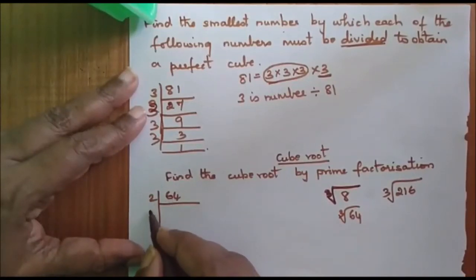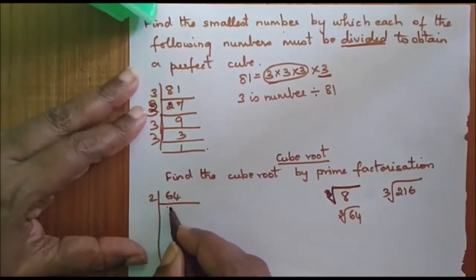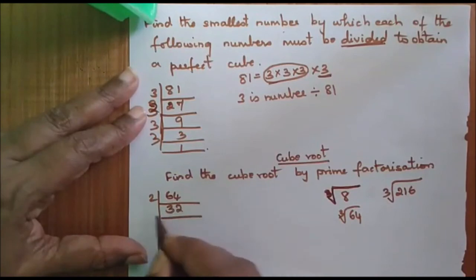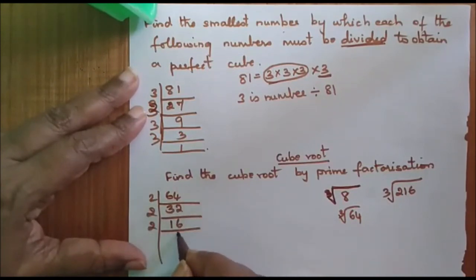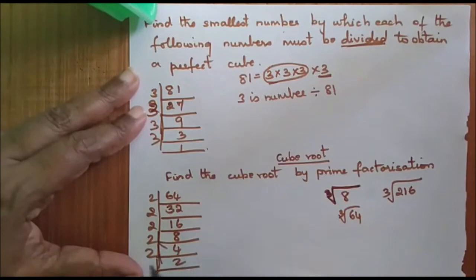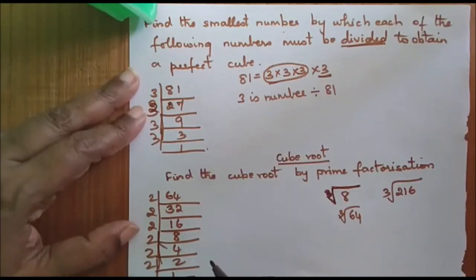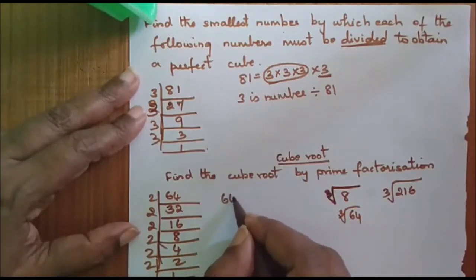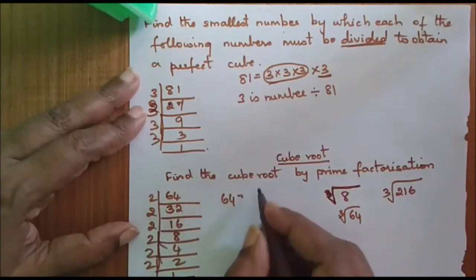64 goes in 2, 32 times. Once again, it goes in, 16, then 8. Then 2 goes in this 4 times, 2 goes in this 2 times, and 2 goes in this 1 time. So 64 is nothing but, how many 2s do we have?